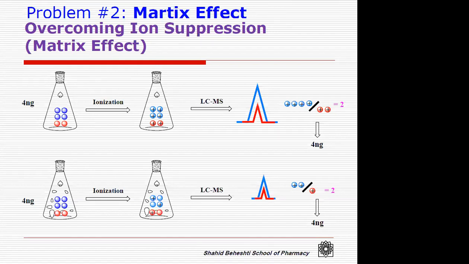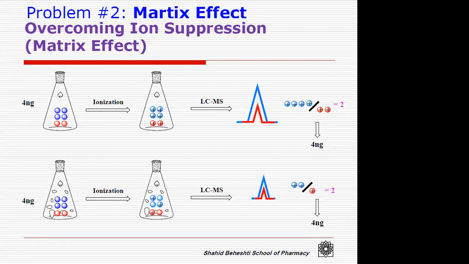So if I have the labeled phenylalanine along with the natural phenylalanine, by comparing the intensity of the 2, I can compensate for ion suppression. How? It is just enough that I know how much labeled compound I add to the sample.